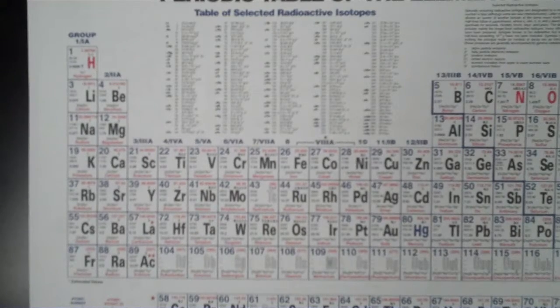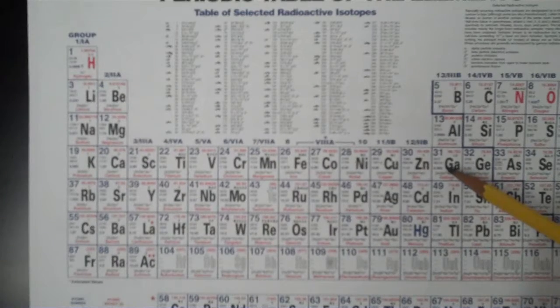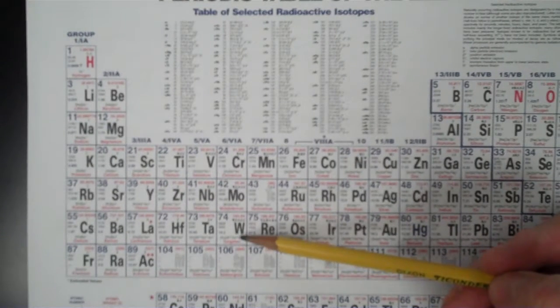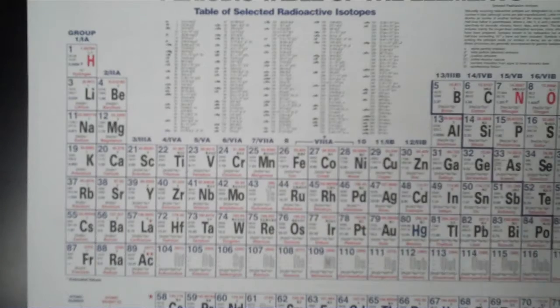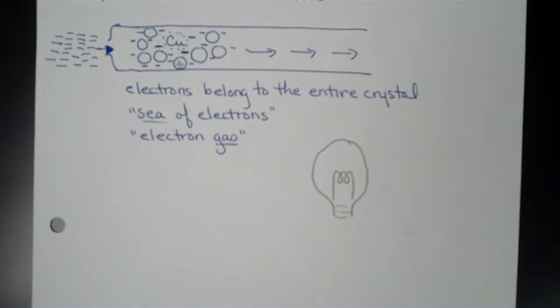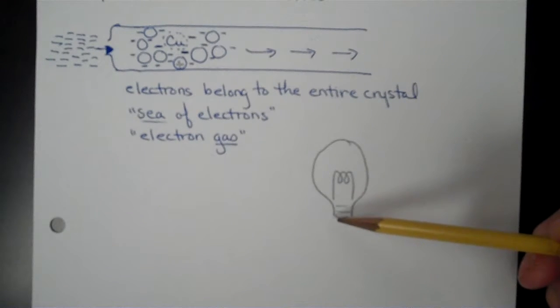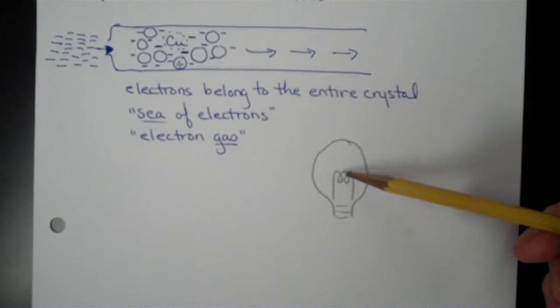What about melting points, boiling points? Well, we have gallium over here below aluminum, and gallium has such a low melting point that when I take gallium and hold it in my hands, it will soften and start to melt. What about tungsten, though? Tungsten's completely the opposite. Now, I've drawn a very crude light bulb here, incandescent bulb, and you know that there is a wire that runs through it.